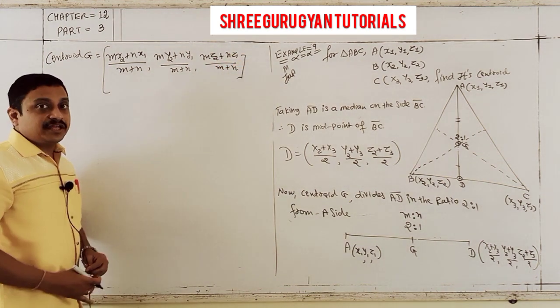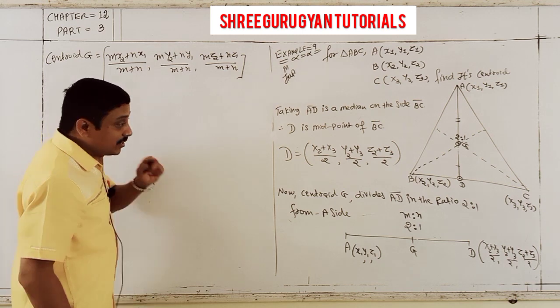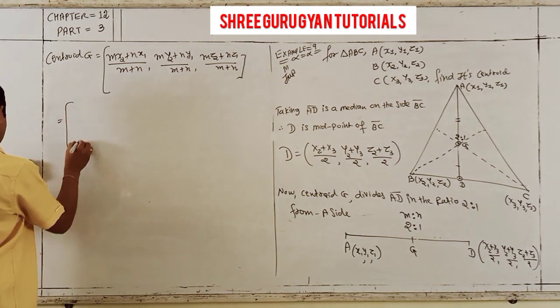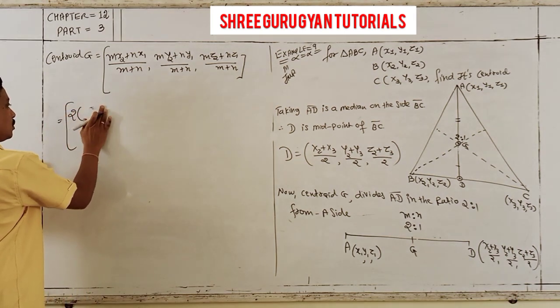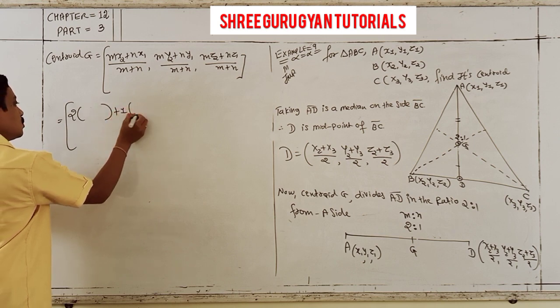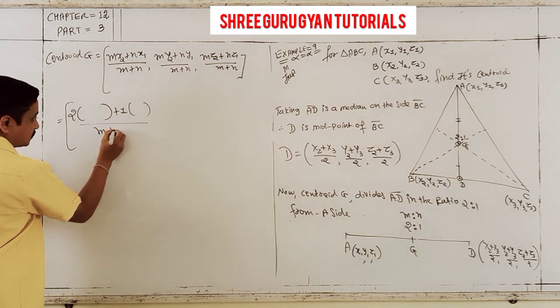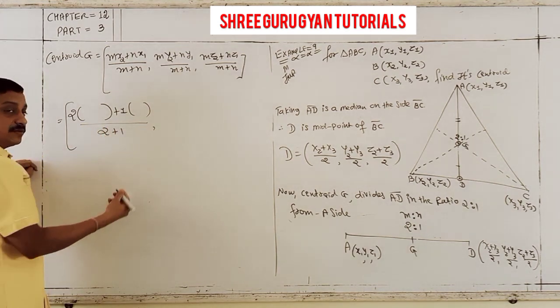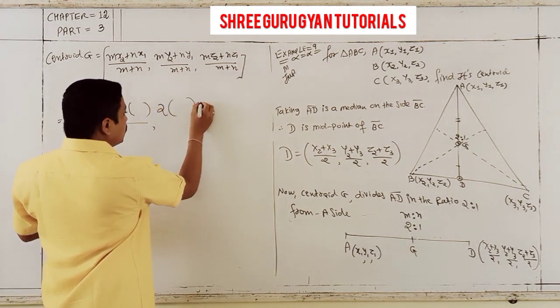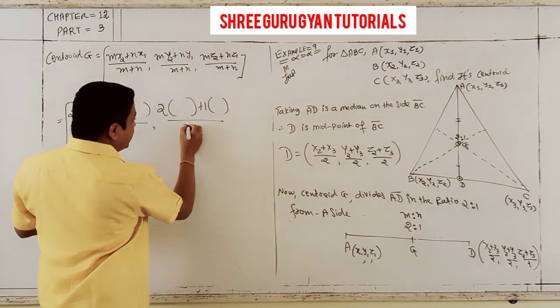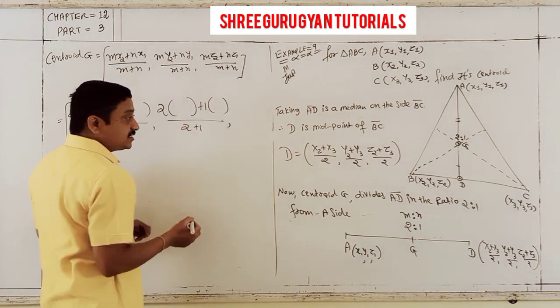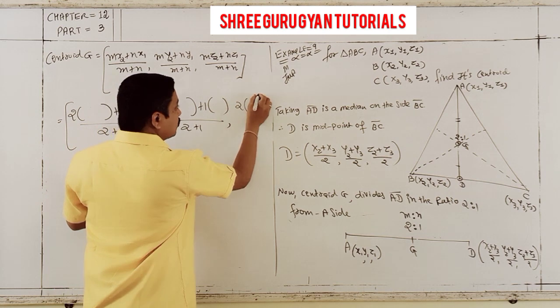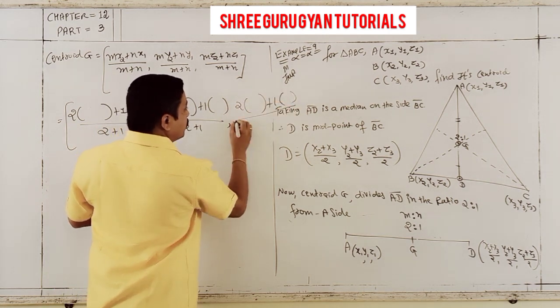Now put values with ratio m:n, you know 2:1. So here 2 bracket 1 by m plus n, it means 2 plus 1. Similarly, students, second 2 bracket by 2 plus 1. And similarly, third 2 bracket plus 1 by 2 plus 1.